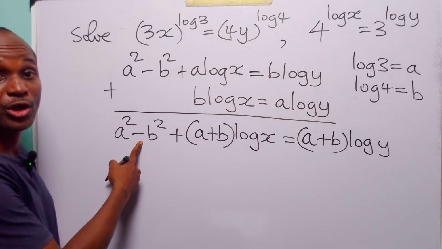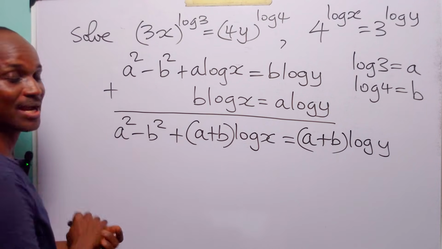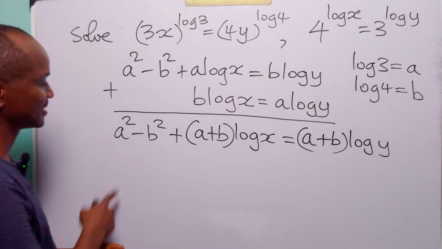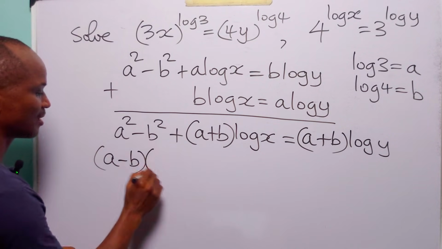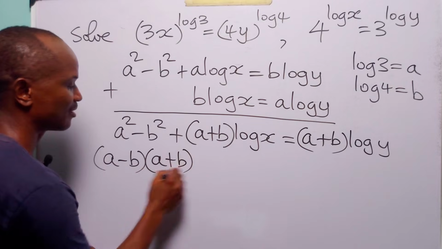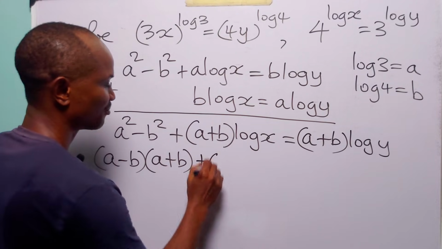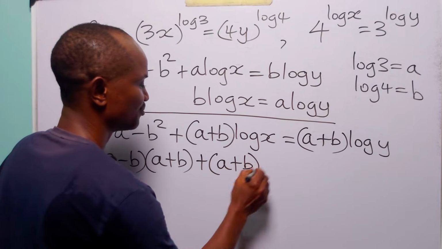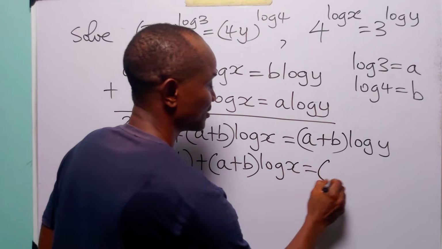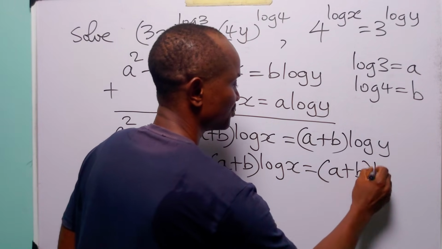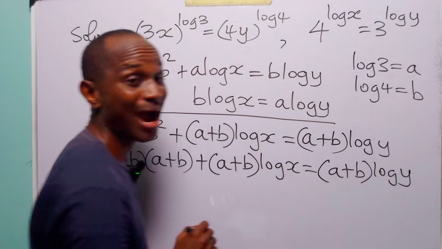Now look at this. You're going to see the difference of two squares. And you know how we factorize this. This is equal to (A minus B) multiplied by (A plus B). Here we have plus (A plus B) times log x. And on the right hand side, we have (A plus B) times log y.